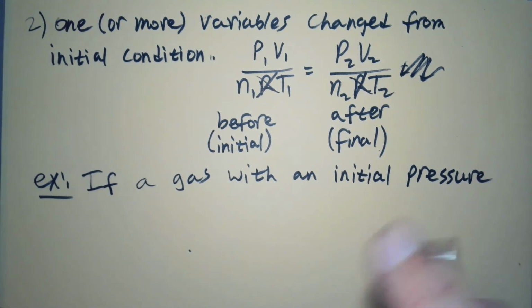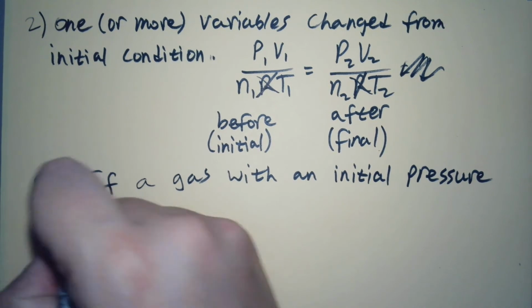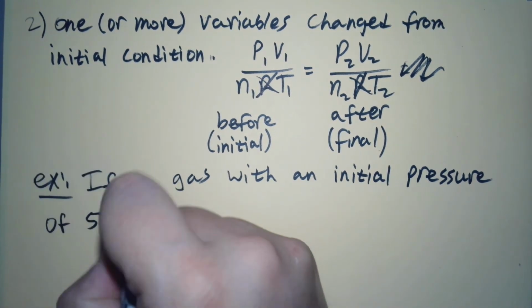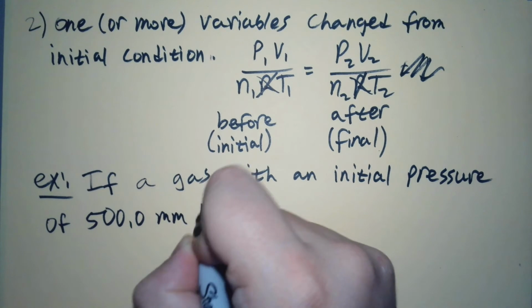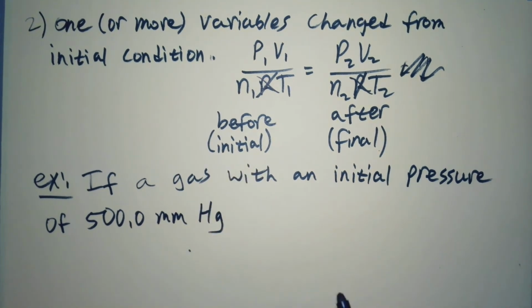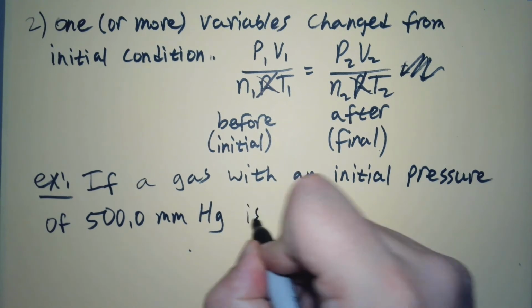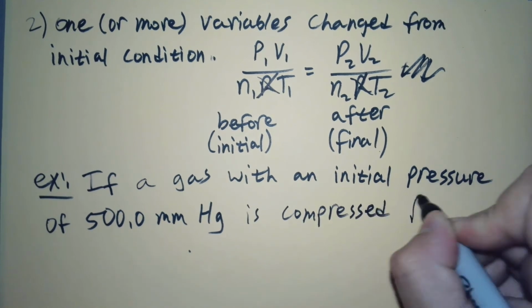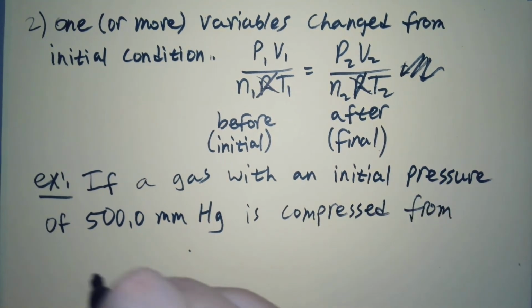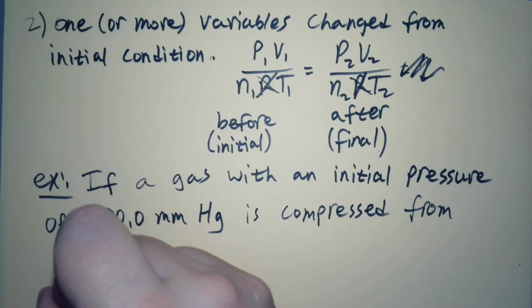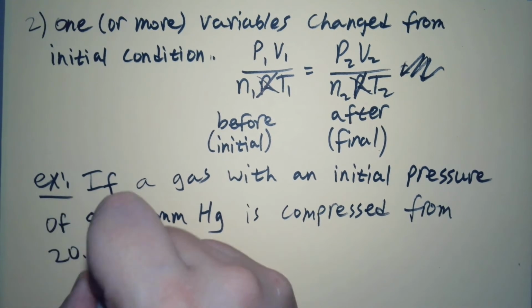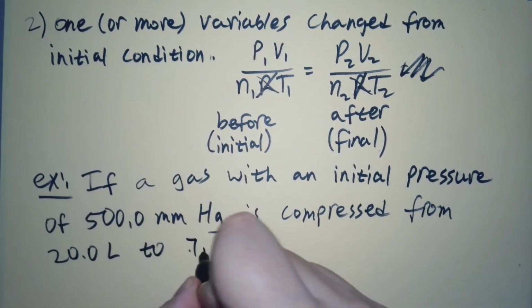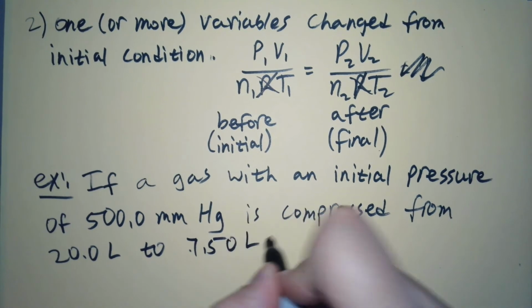Let's see, so it has an initial pressure of 500.0 millimeters of mercury. So a little less than 1 atmosphere, about 2/3 of an atmosphere. But it is compressed, which means our volume is going to shrink from 20.0 liters to 7.50 liters.